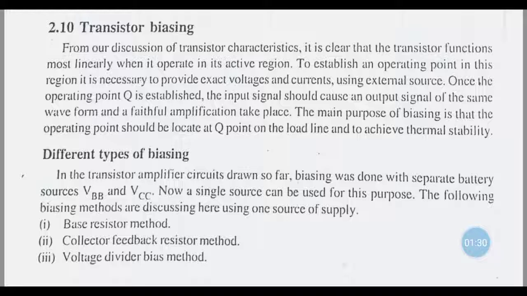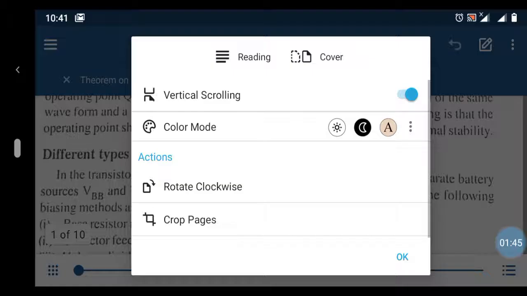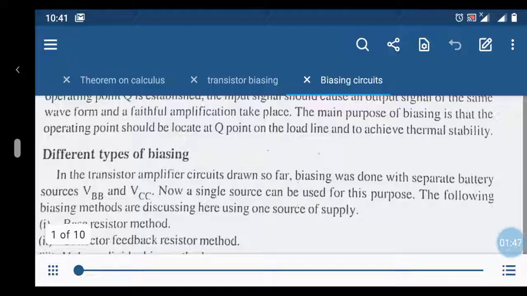And here we have to discuss three types of transistor biasing circuits. The first one is the base resistor method, the second one is the collector feedback resistor method, and the third one is the voltage divider bias method. So we are discussing them one by one here.